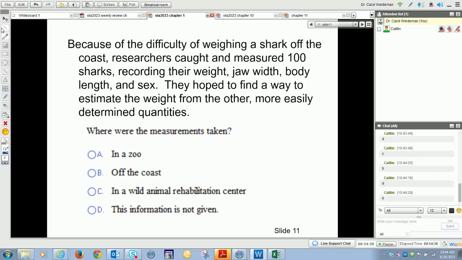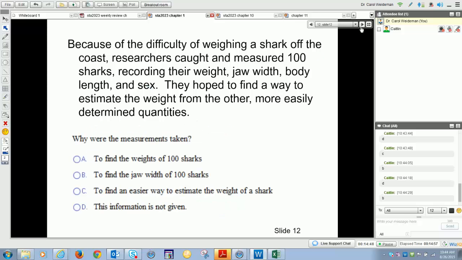It talks about the difficulty of weighing the sharks off the coast, but it doesn't really tell us where they took these measurements. So this is really not given. It does talk about the difficulty weighing them off the coast, but it doesn't really tell us where, because they probably didn't take the measurements off the coast. They probably did this in a laboratory, I would think.